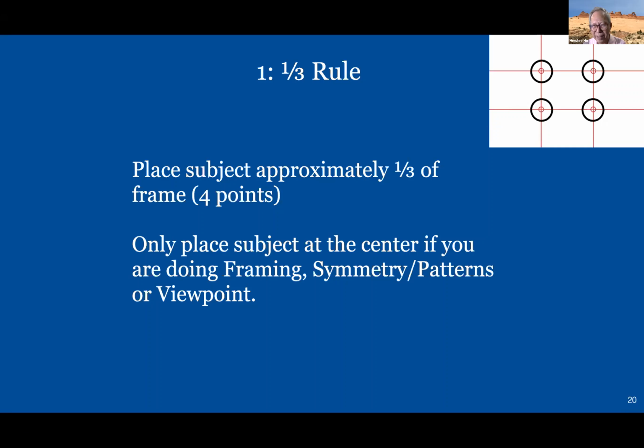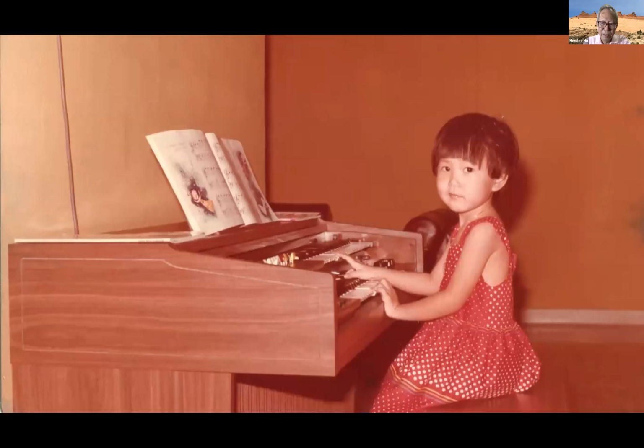Rather than you need to edit it, like just now what I told you that you didn't take a good picture, then you edit it. Also can, if you have room for editing, but why not take it the first time that is right? Okay, so 1/3 rule. So you see, the 1/3 rule applied, okay? The subject is about 1/3 vertically on that location. So the picture tells a story of what type of organ it is and how young or how old is the child learning the organ.